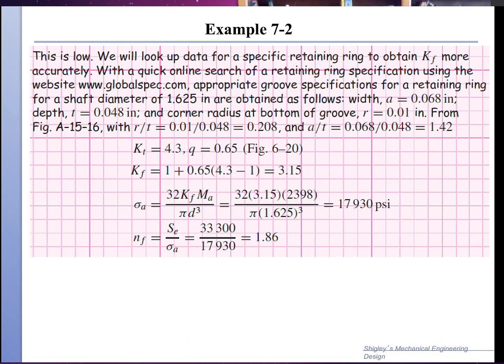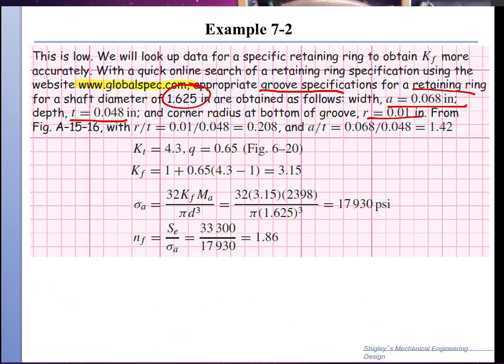So the way that it worked here is that we go to globalspec.com and look for groove specifications for the retaining ring, and we know that the shaft diameter is 1.625. Once we go there, you find that it gives you a width of 68 mils and a depth of 48 mils, and the corner radius is 10 mils.